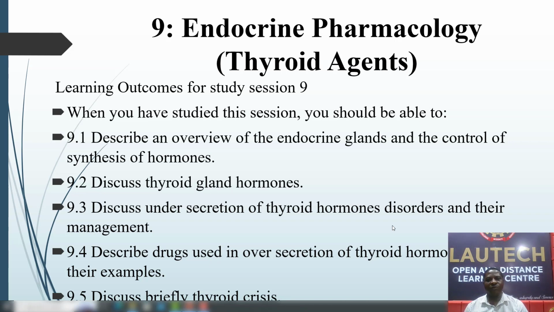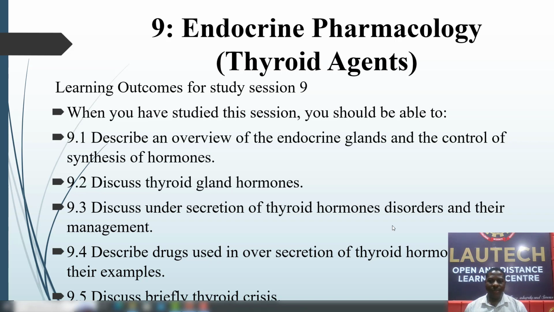So our learning outcome for this study session will be that as learners, you should be able to describe an overview of the endocrine gland and the control of synthesis of hormone. Discuss thyroid glands, hormones, discuss under secretion of thyroid hormone disorder and their management.